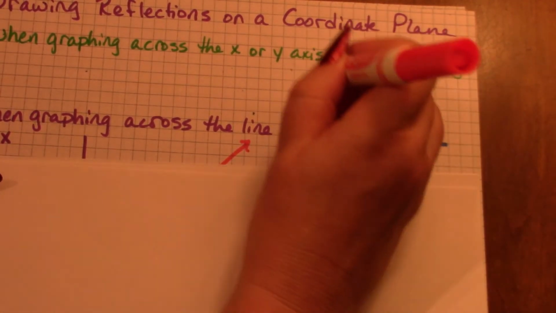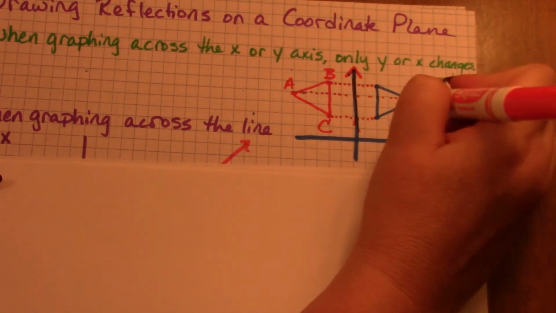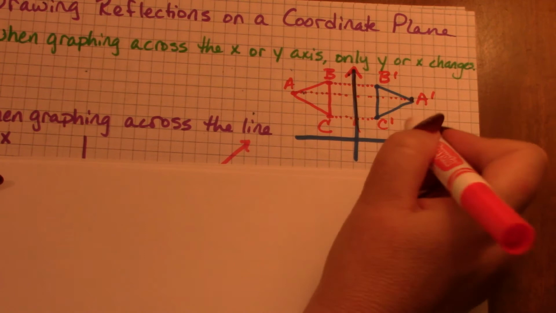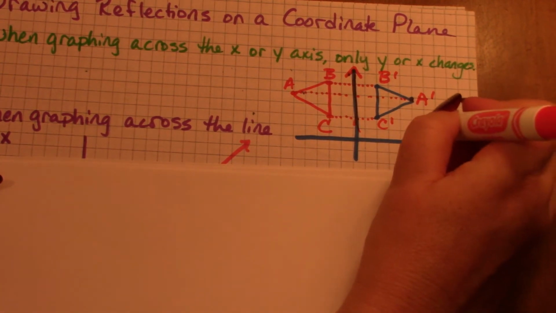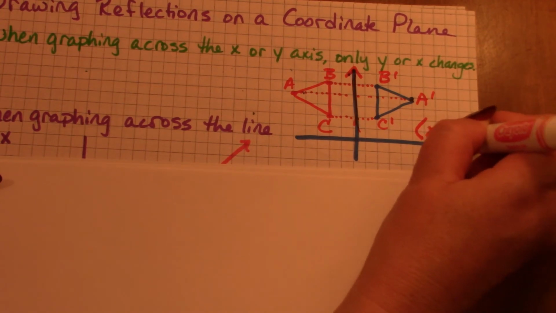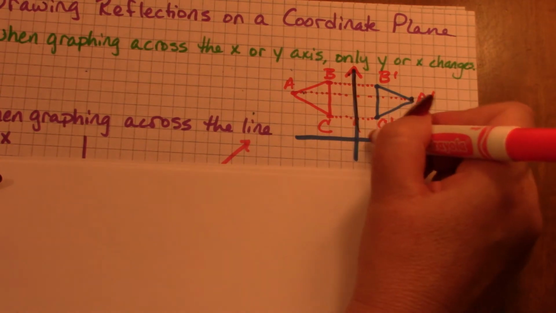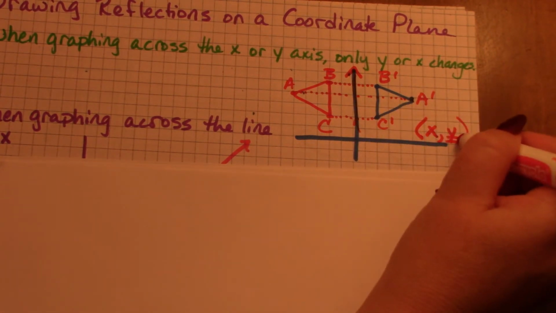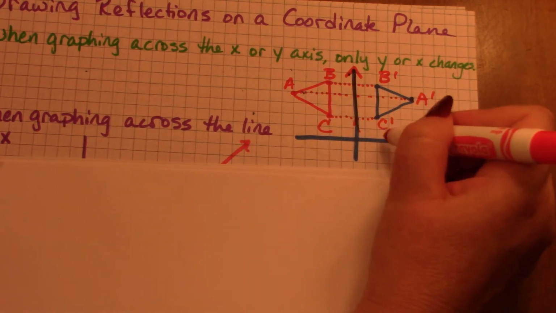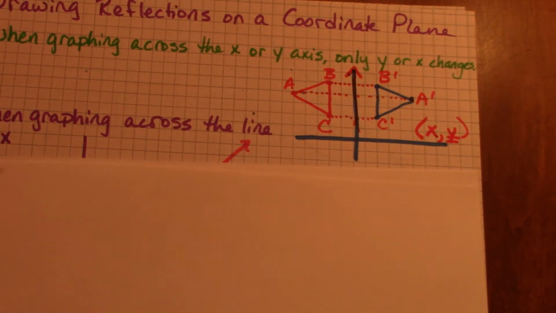So this is A, B, C, and this is A prime, B prime, C prime, and all of the x coordinates change, but the y coordinates stay the same because you're going over in different directions and you're going up the same distance for both C's, same distance for both B's, same distance for both A's. So it gets a little easier.